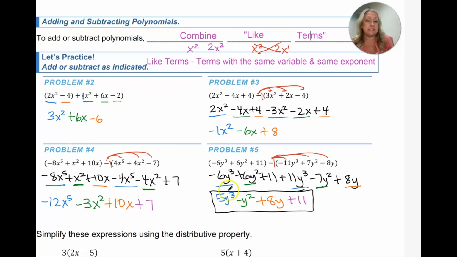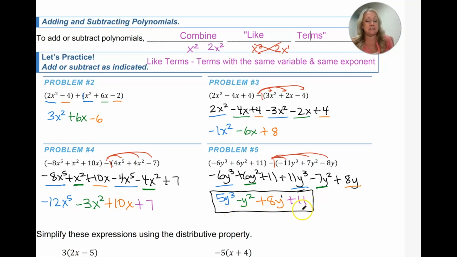And remember, that means that the largest exponent is first, and then you go down to the next exponent, and so on. But it's not wrong on this. If I would have written plus 11 and then plus 8y, that still would be a correct answer unless it said specifically to put it in descending order.